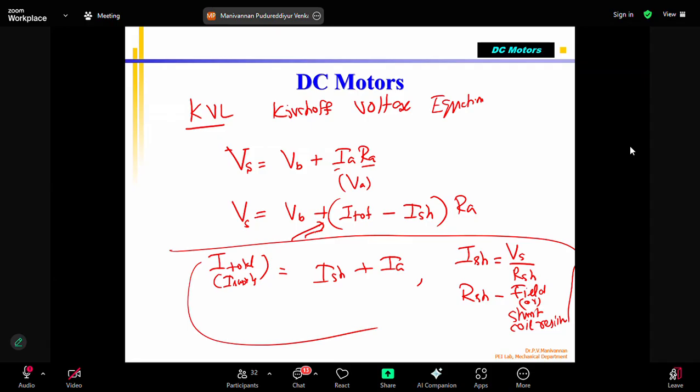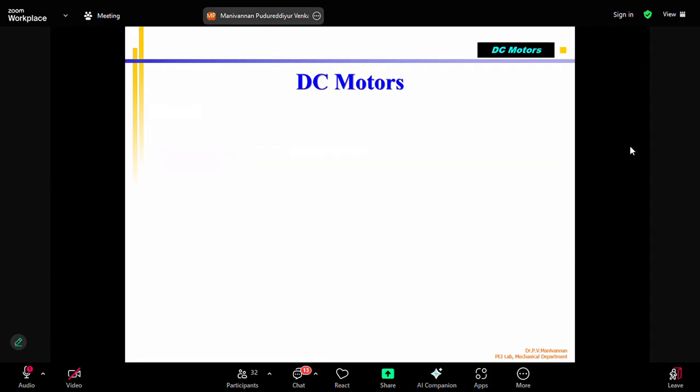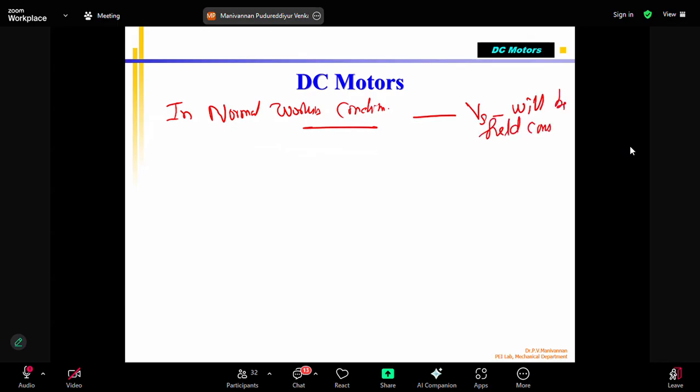Now, in normal working condition, the V supply will be held constant. And as I already told, I shunt equals V supply divided by R shunt.